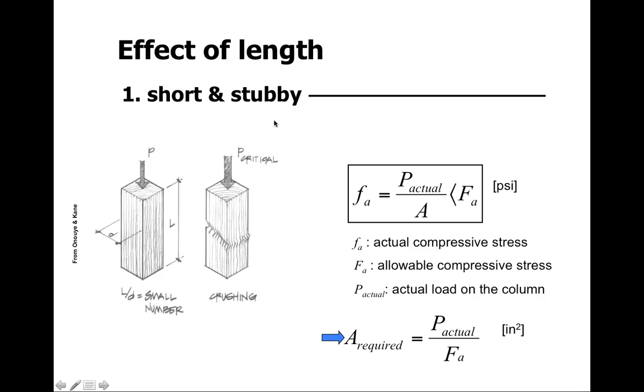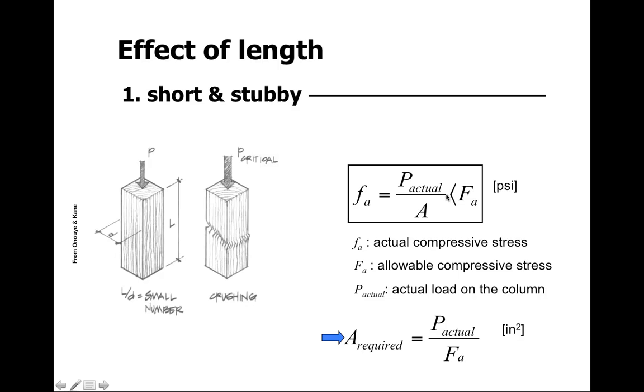Now, in the case of short, stubby columns, here's an example: short, stubby wood columns. And we can look at them with this particular formula, where F sub A is equal to P, the actual load applied, divided by the area.